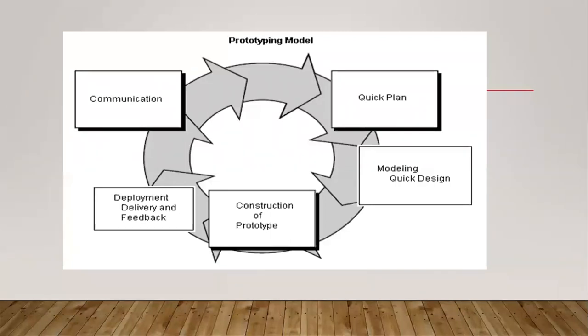But in this prototype model, we have a chance to repeat the activities, not only one time, not only two times, but n times, until we get all the functions of a product, until we get a good, satisfactory design for that project.